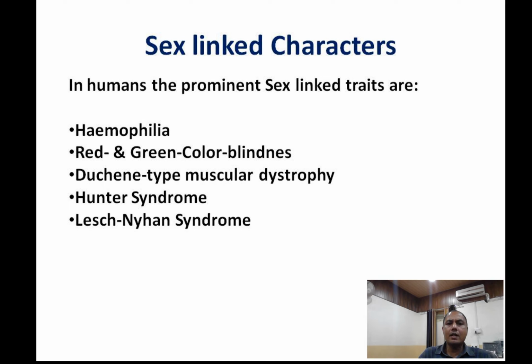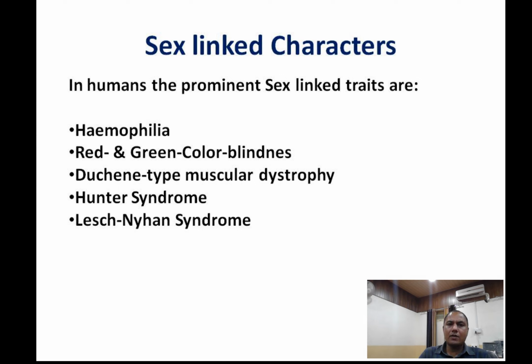Secondly, red and green color blindness. Color blindness also includes blue color blindness, but blue coloration is basically governed by autosomal genes rather than sex-linked genes. But the red and the green colors are basically determined by genes located on the X chromosome. Next one is Duchenne type muscular dystrophy.